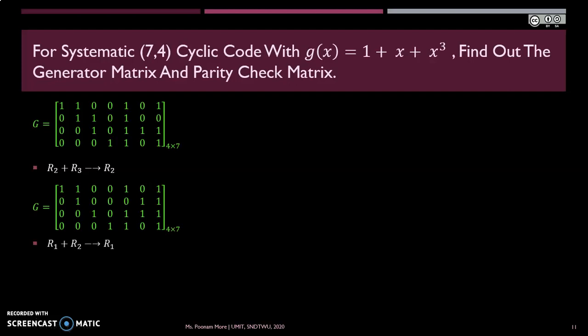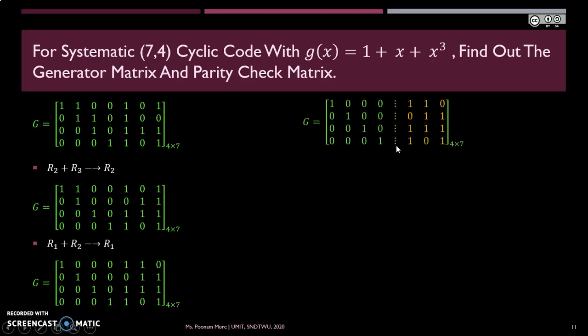We perform the row operation and we get our systematic generator matrix. If you observe clearly, the first 4x4 elements represent the identity matrix, and the next 4x3 matrix elements represent our parity matrix.